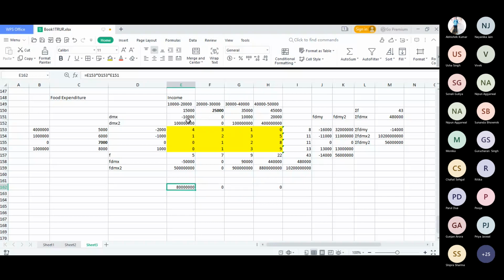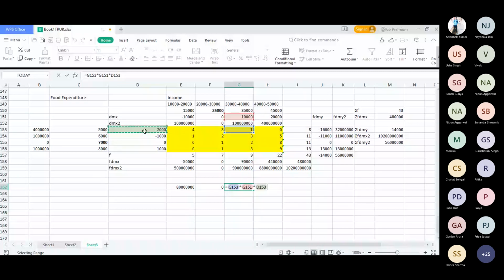So 1 lakh, 4 into minus 2 into minus 10. So that is 8 lakhs. Then comes 1 into 10,000, that is 10,000 into minus 2. So we can apply the formula individually, 1 multiplied by this multiplied by this. So that becomes your second value.